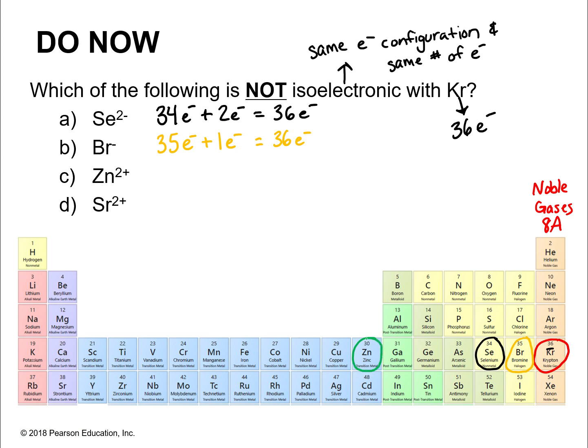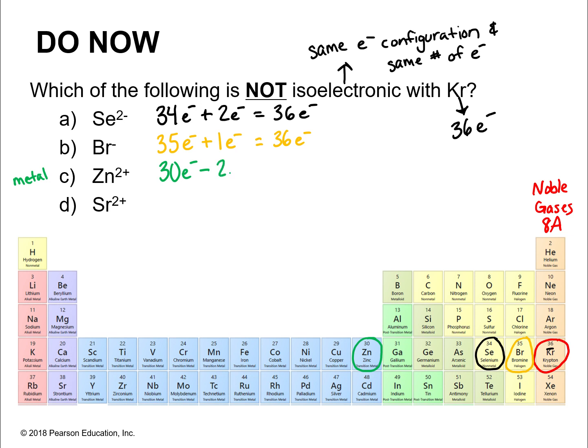Zinc 2+ is the next option. A regular old atom of zinc has 30 electrons. But zinc is a metal, and metals lose electrons to become ions.